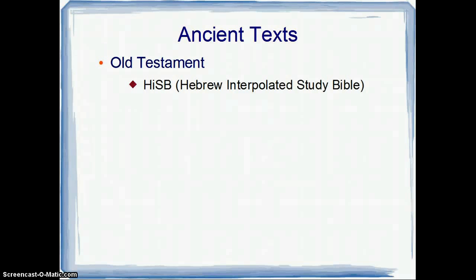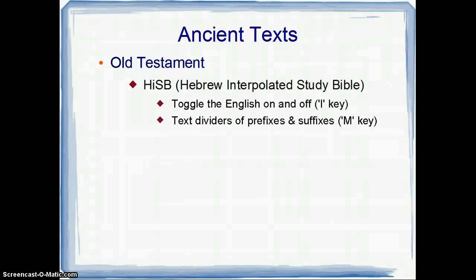Now, this is a great Hebrew Bible. A couple features of it that I really like. It gives you the ability to toggle the English on and off using the I key. And it also gives you the ability to look at the text dividers of prefixes and suffixes using the M key. Now, if you don't know a whole lot about Hebrew, which I don't, Hebrew often will add things like prepositions to the beginning of a word.